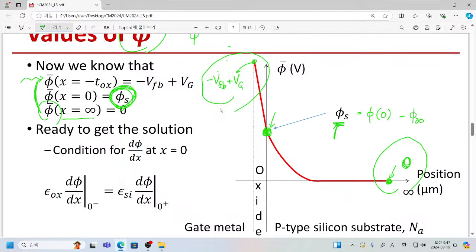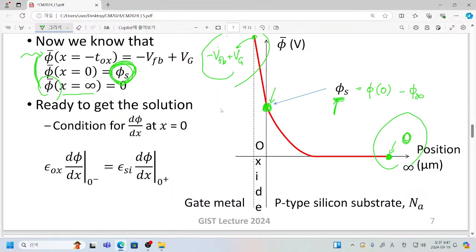We will treat this phi s value as an unknown variable. We will try to solve the nonlinear equation for this phi sub s. So, well, how can you do that?